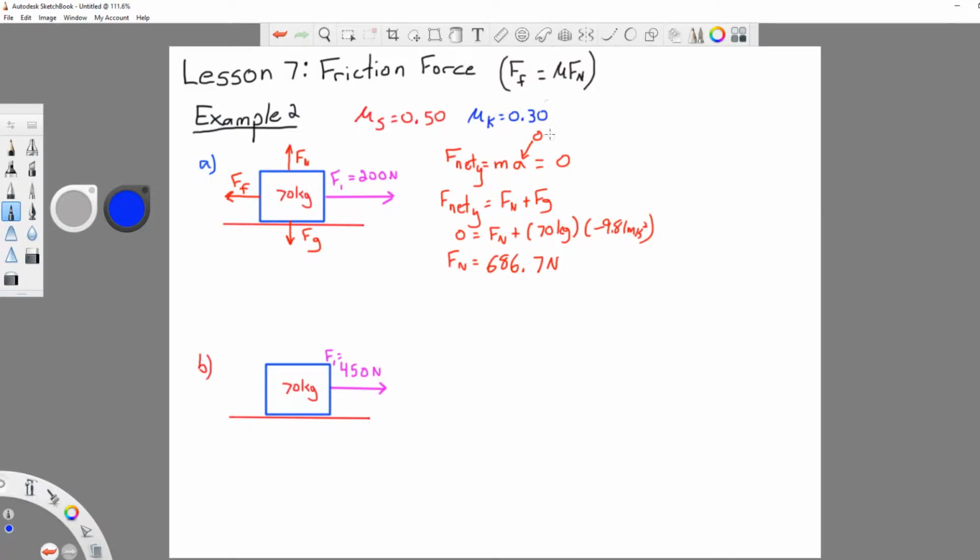And we have to do a little bit of a test. So I'm going to say we want to determine maximum static friction. So if we know how heavy this block is, we know how rough the surface is, we can determine how hard we have to pull this block to get it going.